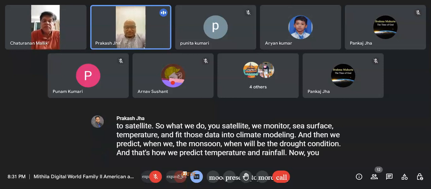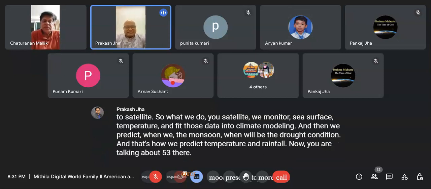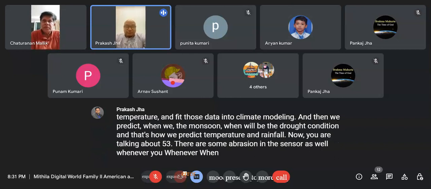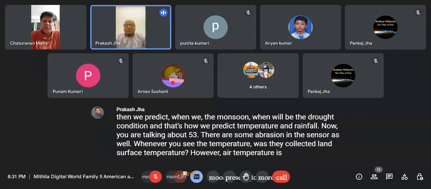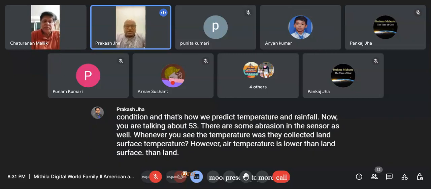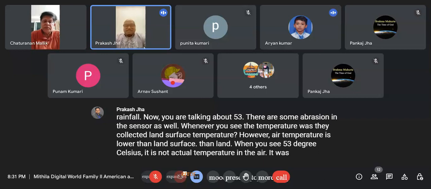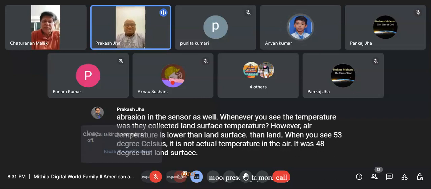Now you are talking about 53. There is some aberration in the sensor as well. They collected land surface temperature. However, air temperature is lower than land surface temperature. When you see 53 degrees Celsius, it is not the actual temperature in the air. It was 48 degrees, but land surface temperature was 53 to 58 degrees Celsius.